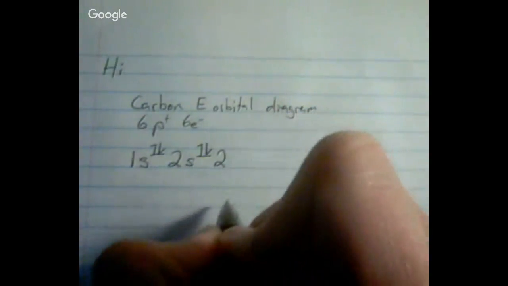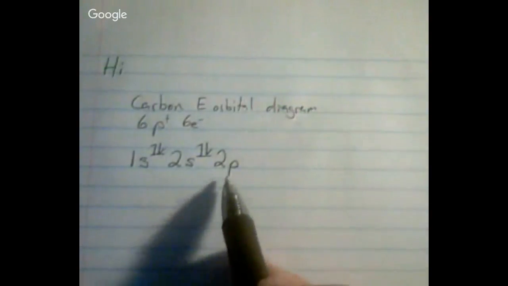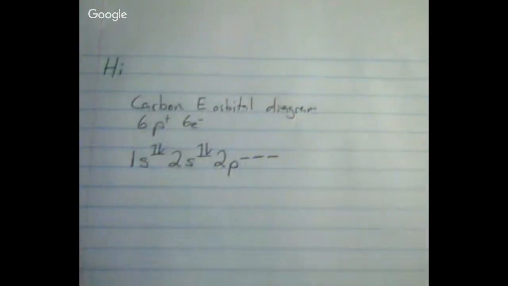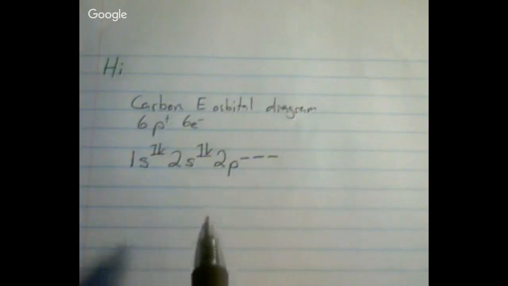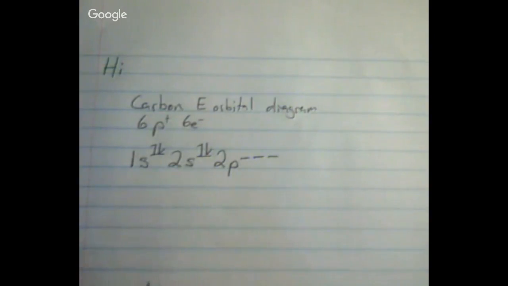Next, after the 2s, is still the second energy level, but the p sublevel, or the dumbbell-shaped orbitals, which for every energy level there are 3 of. There are 3 orbitals in any p sublevel. So second energy level, p sublevel, 3 orbitals. We've got to get to 6 electrons. We've used 2, 4, so we've got 2 more.